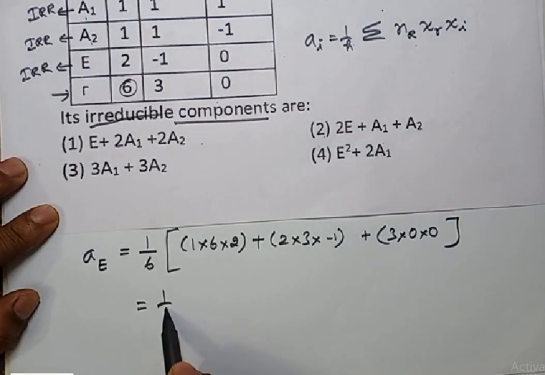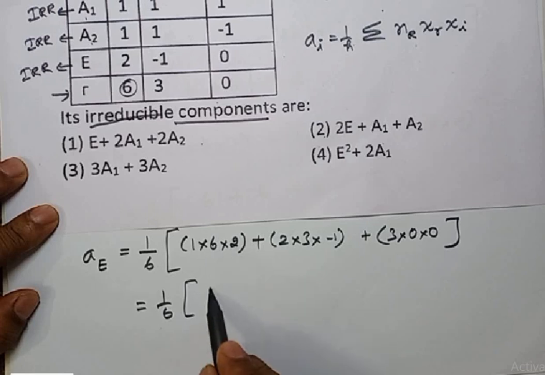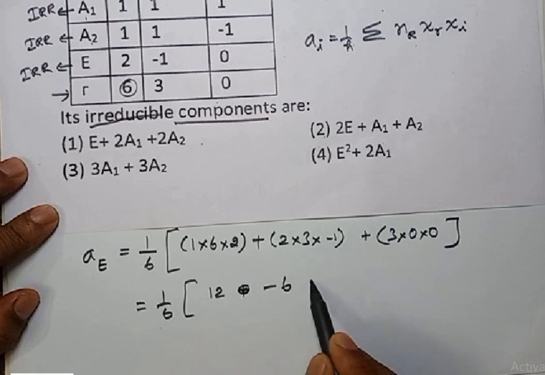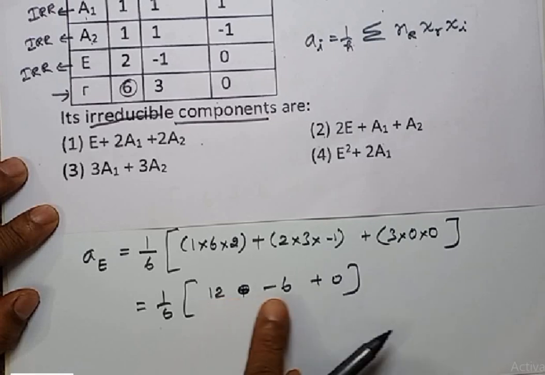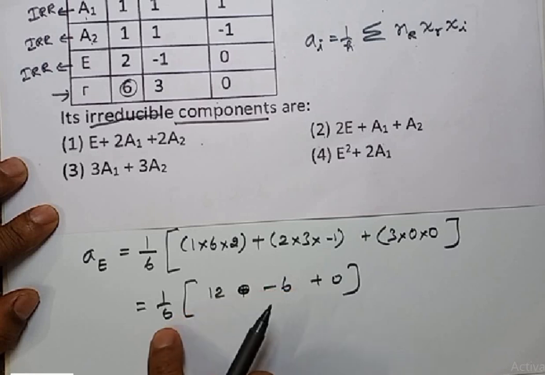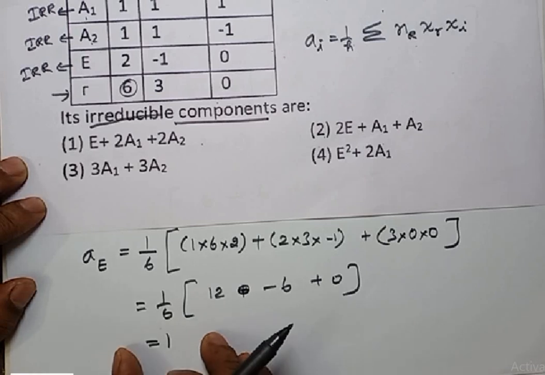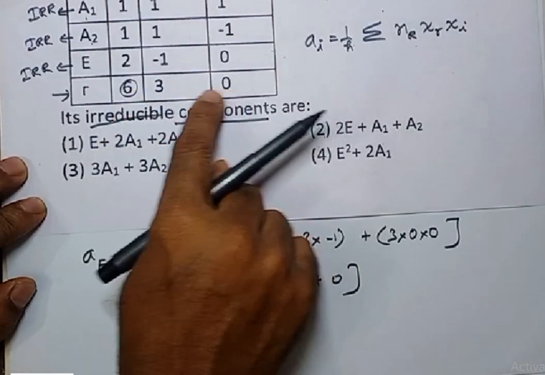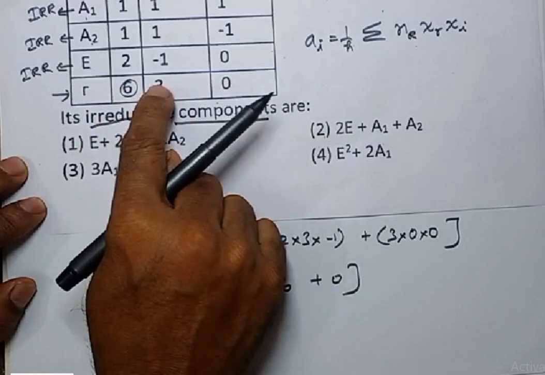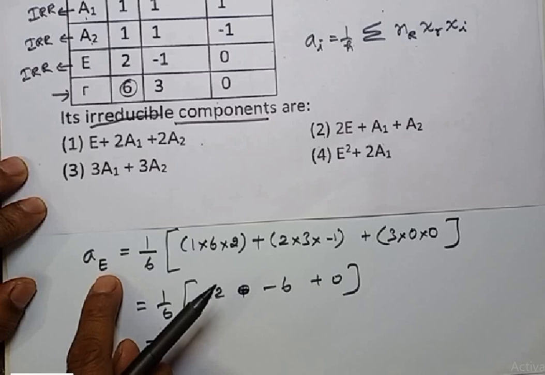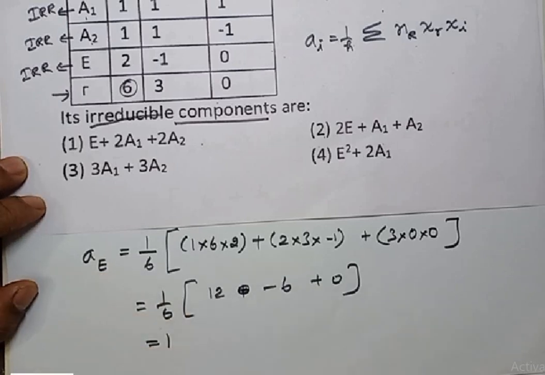So we get 1 by 6 into 6 into 2, 12, plus 3 into 2, 6, 6 into minus 1, minus 6, plus 0. 12 minus 6 is 6, 6 by 6 is 1. So the given reducible representation contains only one E irreducible representation.